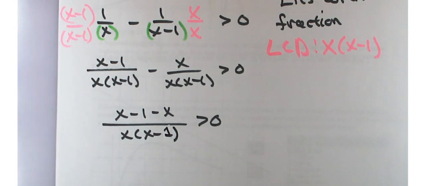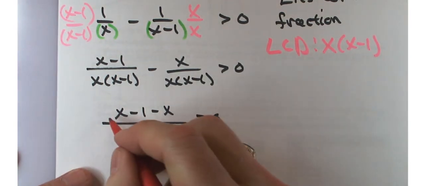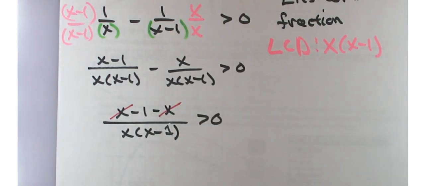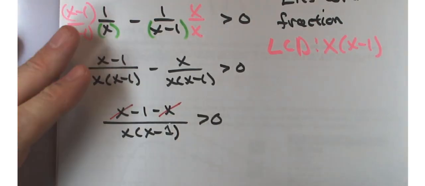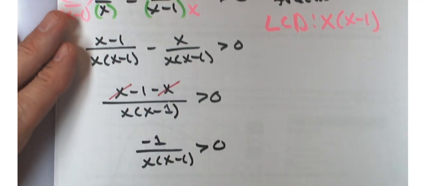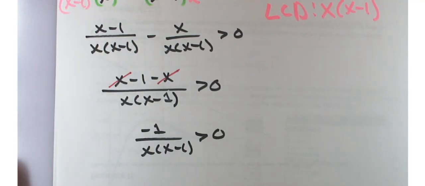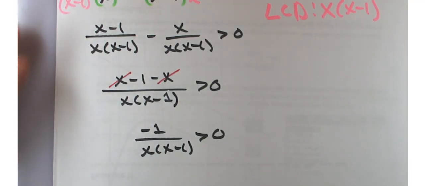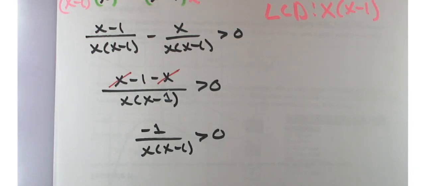Cancel out the x's. Yeah, let's get rid of the x's. That one and that one disappear. So I'm just left with negative 1 over x times x minus 1, and I want to know where that's greater than 0. So a lot of extra work there, right? Not much we can do about it. You still got to work through it.